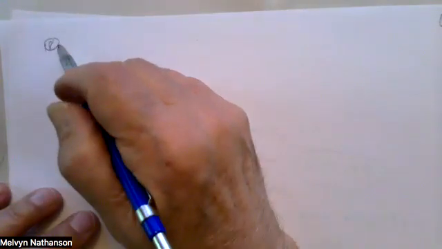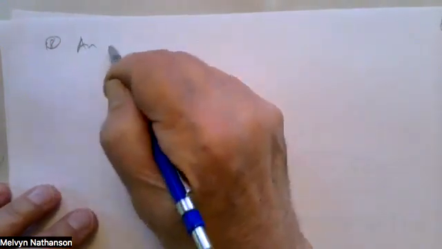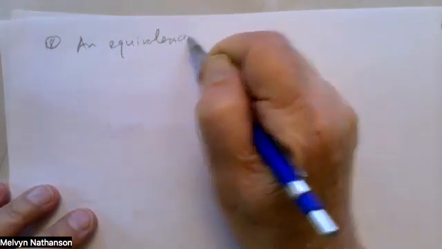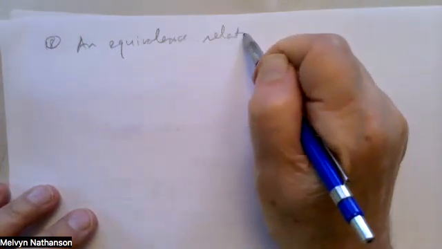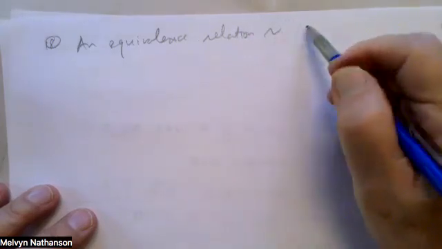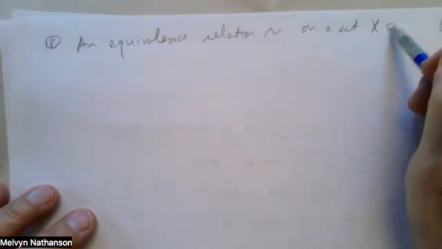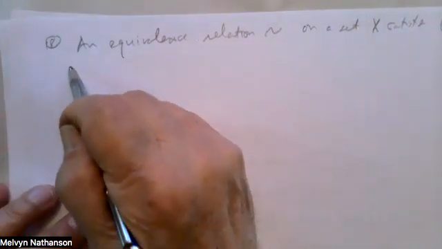Problem 18. So recall that an equivalence relation, denoted by sigma on a set X, is a relation that satisfies the following three properties.